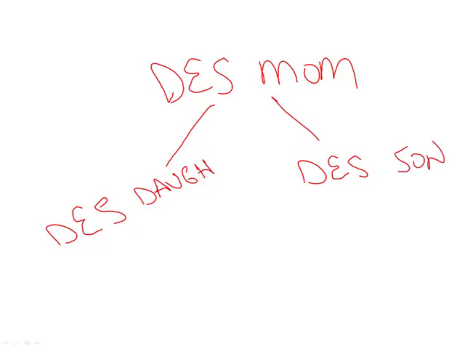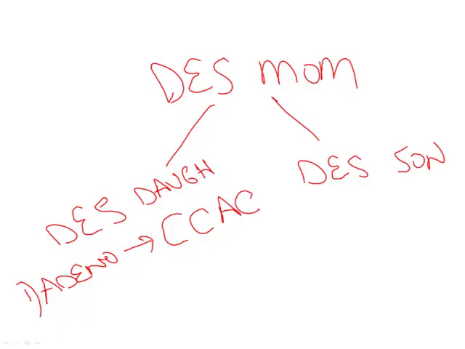Now, DES daughters, the key first complication, which we've already discussed, is that they could get vaginal adenosis. The problem with adenosis is that it could potentially become clear cell adenocarcinoma, which was the feared complication of exposure to DES.